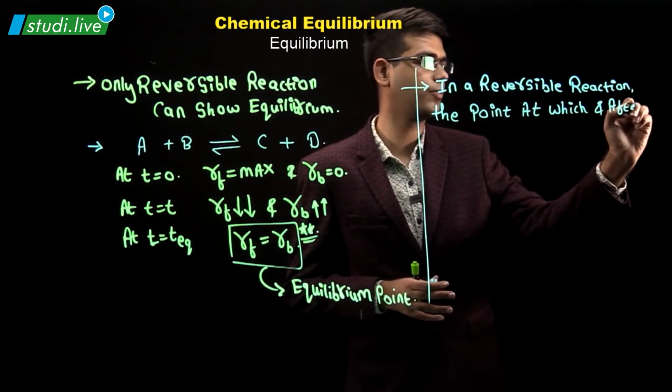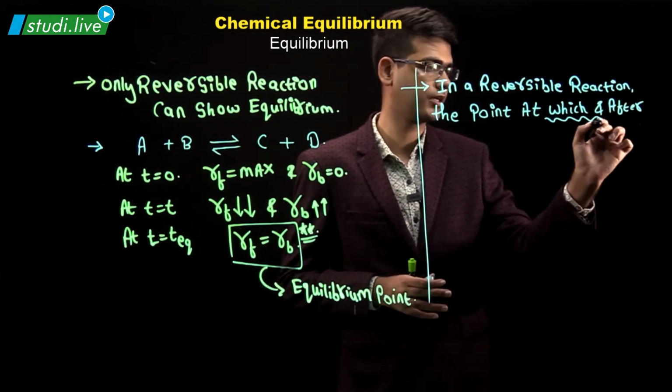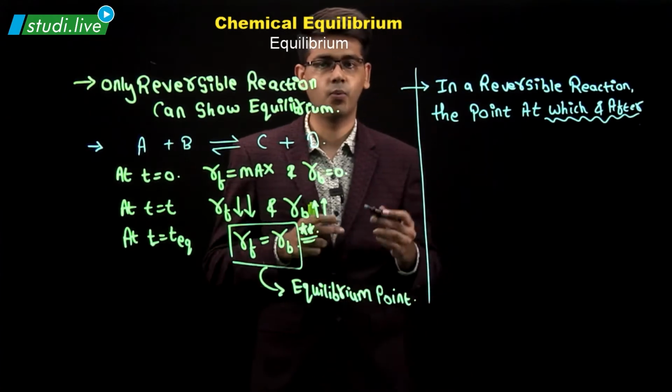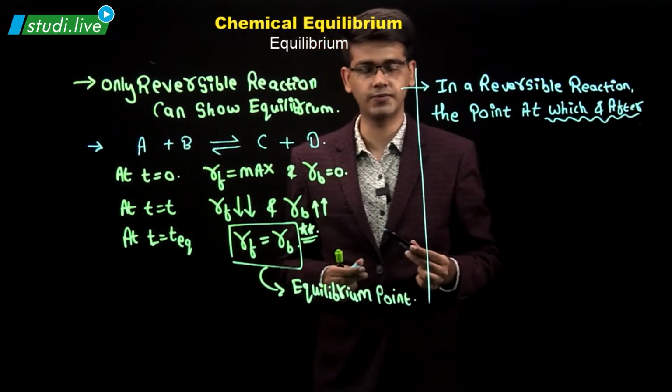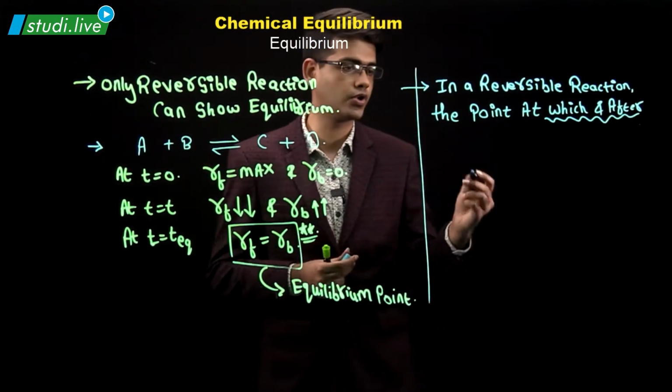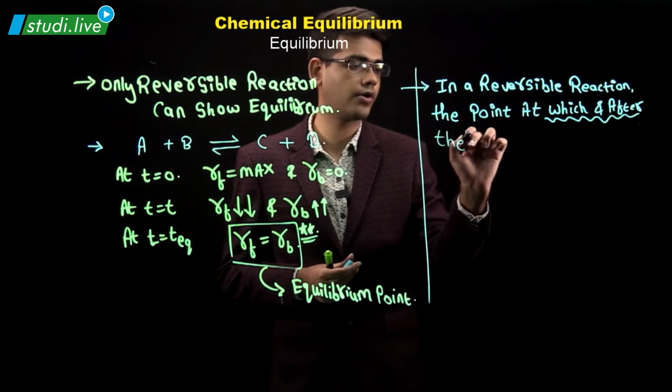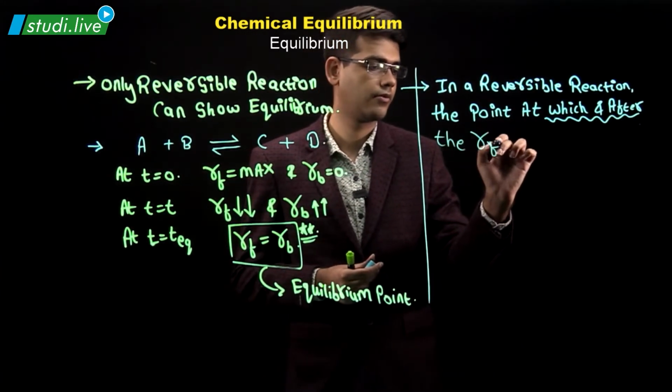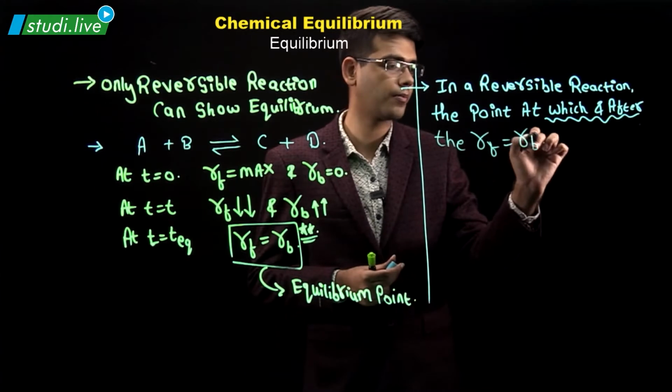Now this is also an important point. It simply means that once equilibrium has been achieved, after that also the rate of forward reaction will be equal to the rate of backward reaction.